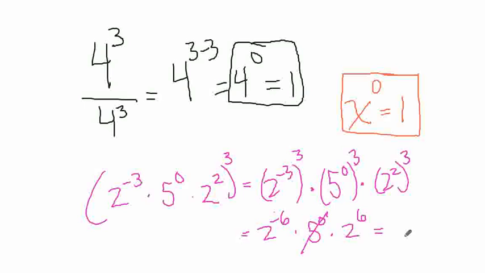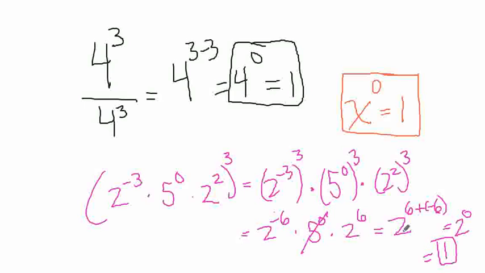And now we use the multiplication rule. So this is 2 to the 6 plus minus 6, which gives 2 to the 0. And anything to the 0 is 1. So this whole mess, the whole purple problem, that whole mess basically simplifies down to 1.